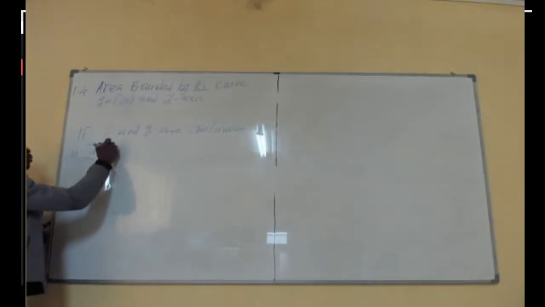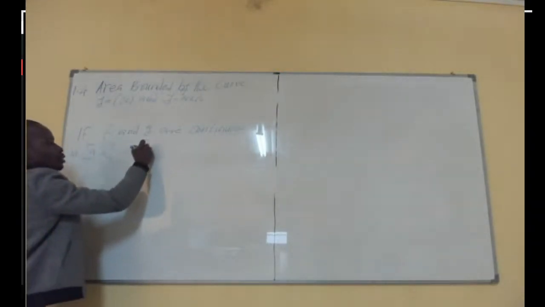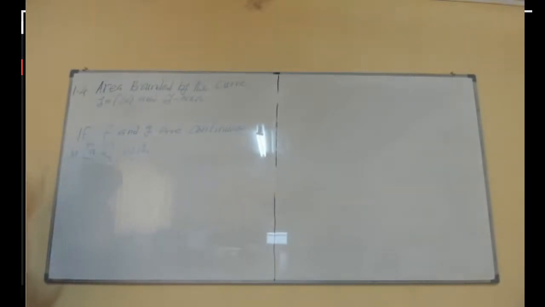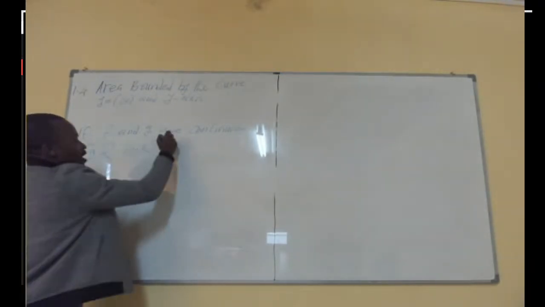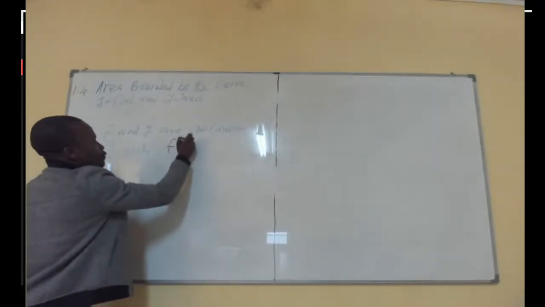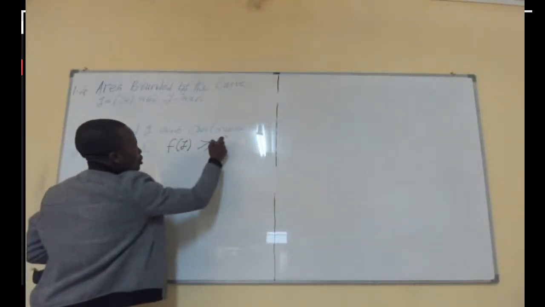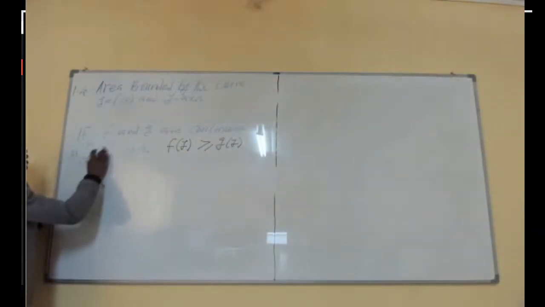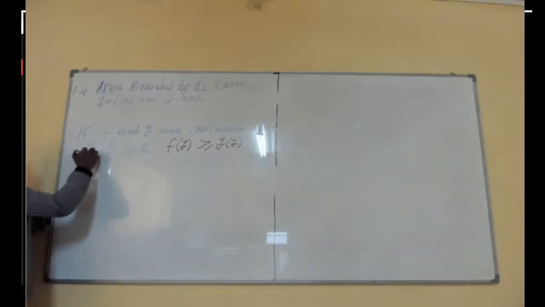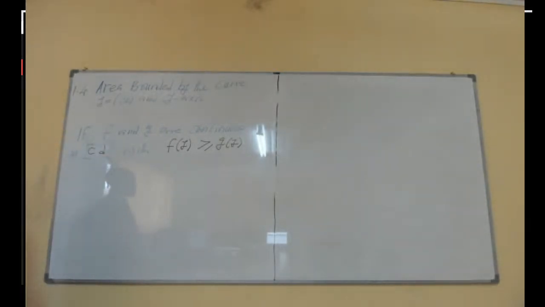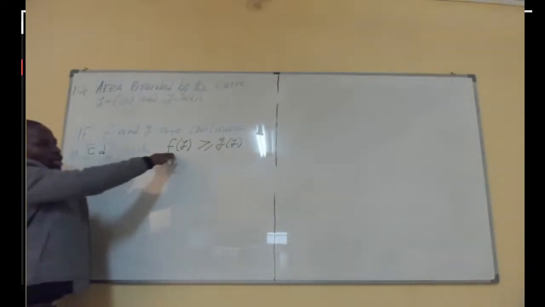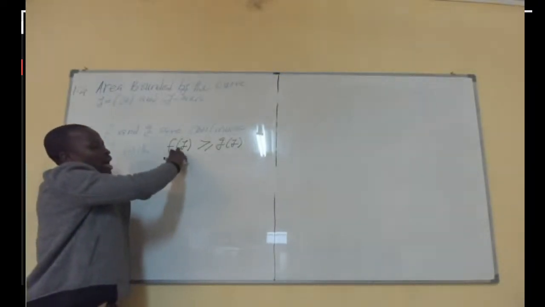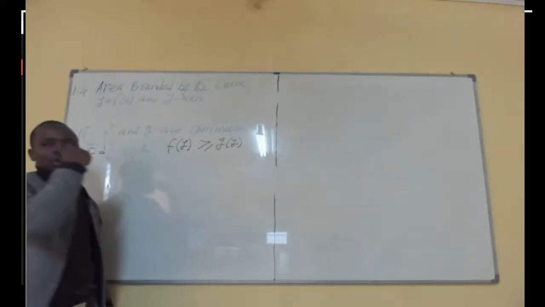Now in this interval, c to d, whatever value of y that you pick from this interval, the function f of y is greater than or equal to g of y. No matter what value of y that you pick in this interval, the values of f of y will always be greater than the values of g of y.